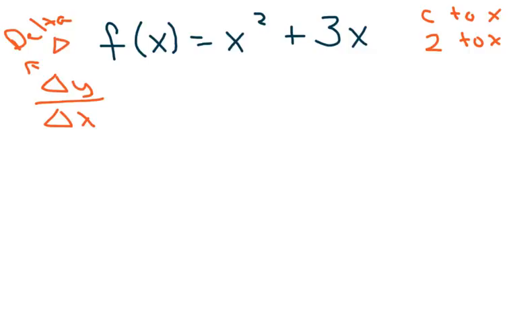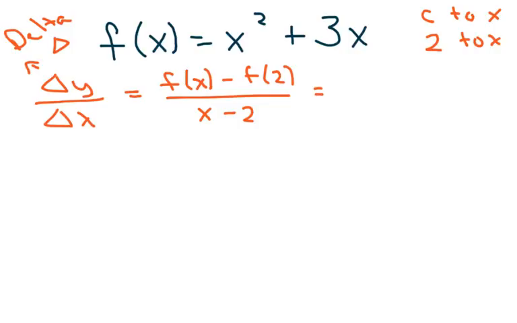This is the delta sign. Equals f of x minus f of 2 over x minus 2. I just copied down f of x, which is x squared plus 3x, and I plug in 2 here. So 2 squared is 4, plus 6 is 10. So you get minus 10 over x minus 2.